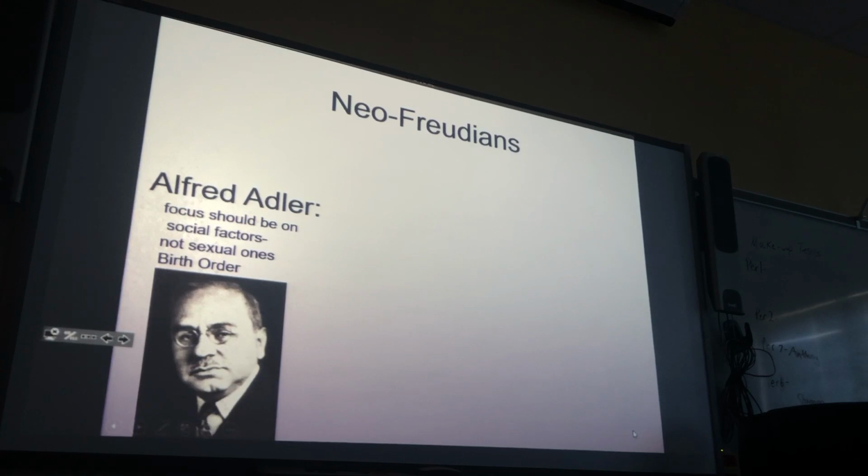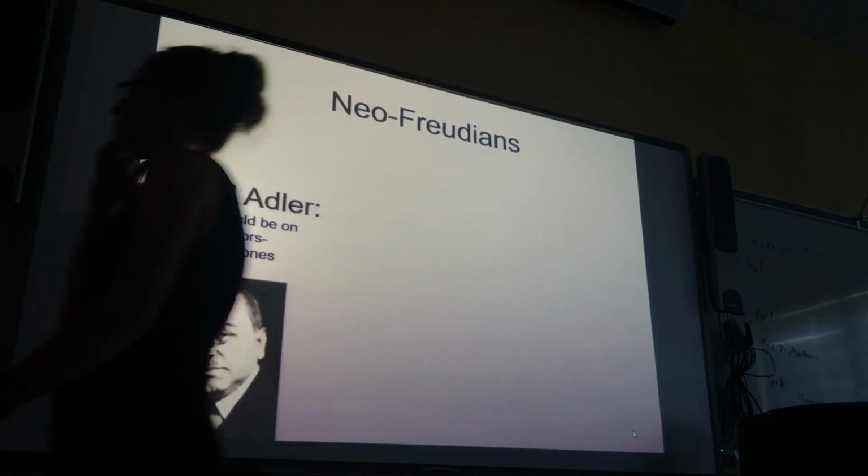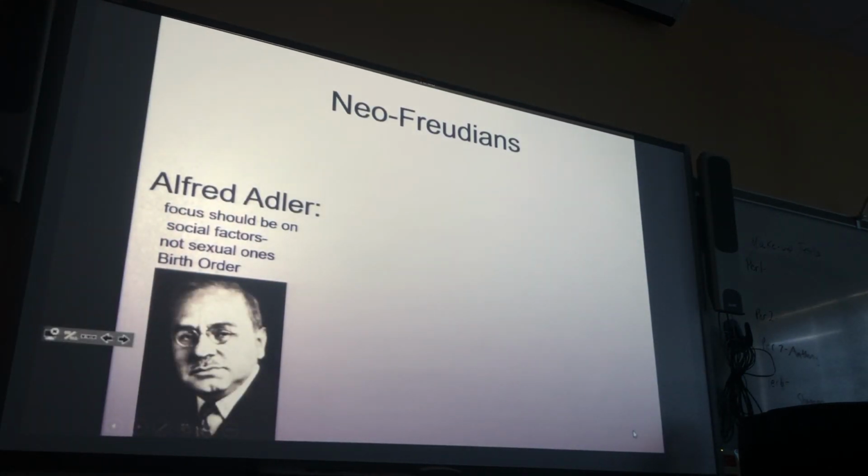All right, so these are Neo-Freudians. They kind of built on Freud's ideas. Some supported his and built on them, and some argued against him. Alfred Adler believed that we develop our personality through different stages in childhood, but not through sexual tension, but through social interaction.